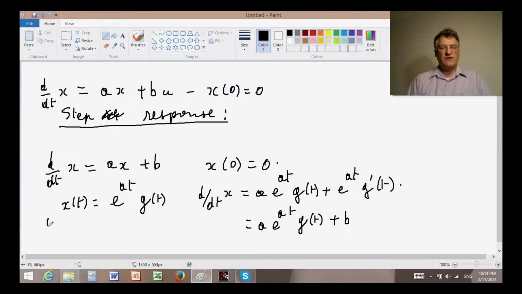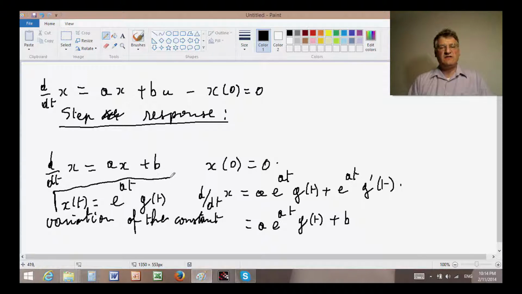Again we call that variation of the constant. That's the method, which amounts to postulating x(t) looks like this.